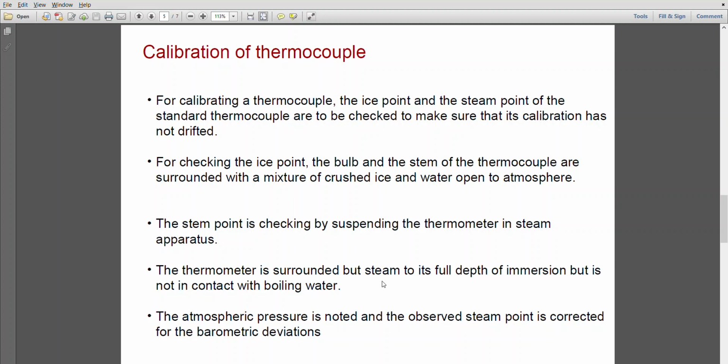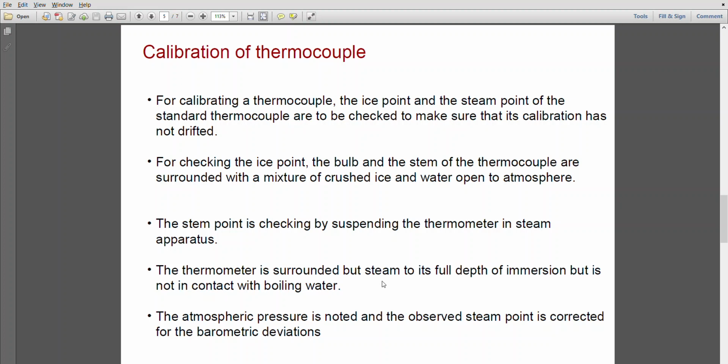The cold junction, as the name says, is kept at 0 degrees, inserted into the ice bath that contains crushed ice, while the hot junction is kept at the point of temperature measurement, from where we need the temperature measurement.